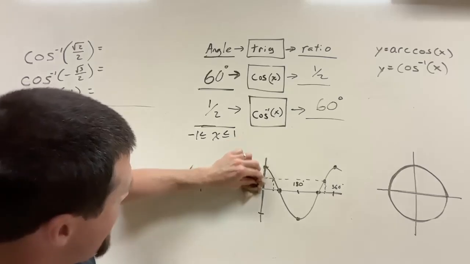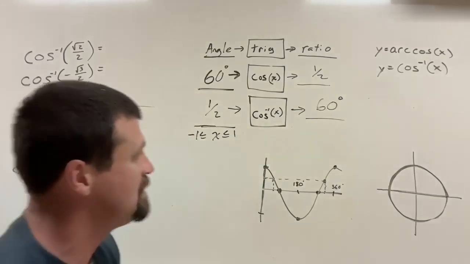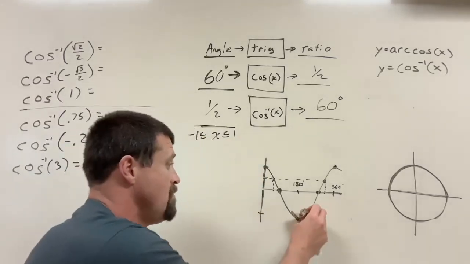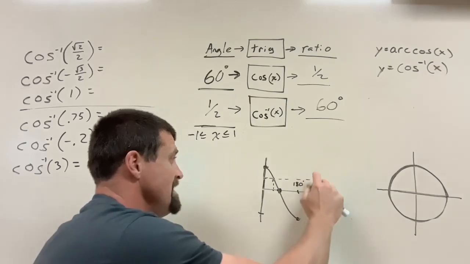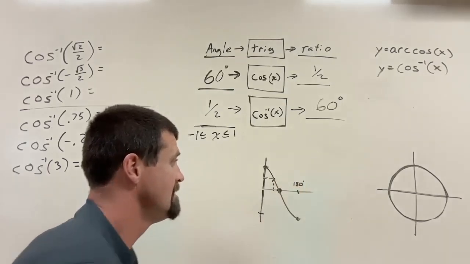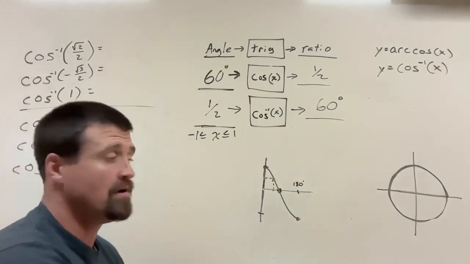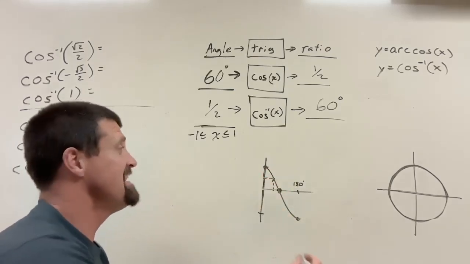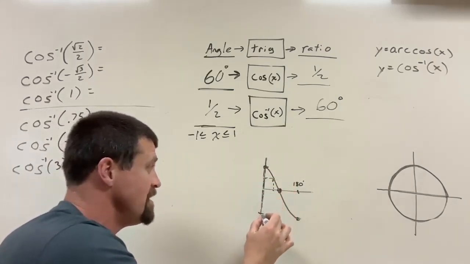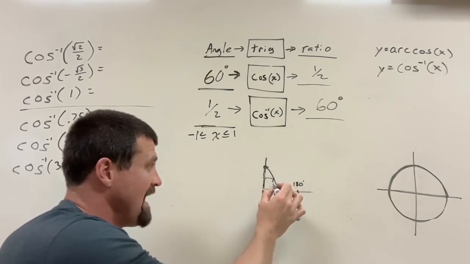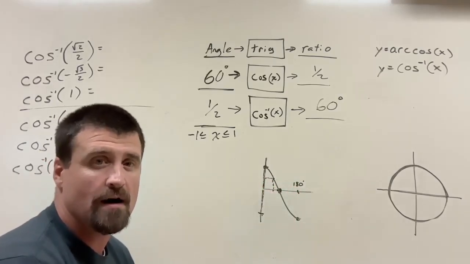But if I narrow it and only look at cosine from 0 to 180, now the function is 1-to-1, passes the horizontal line test, and that means every one of these ratios is only going to connect to exactly one angle.